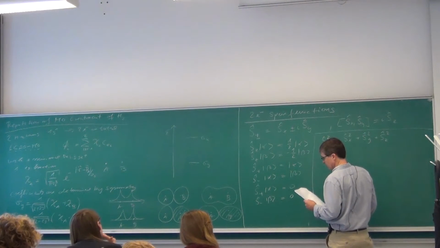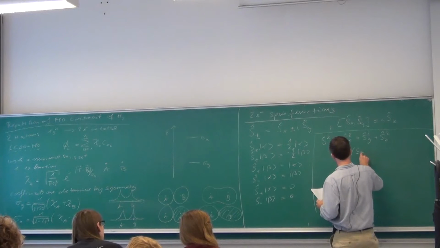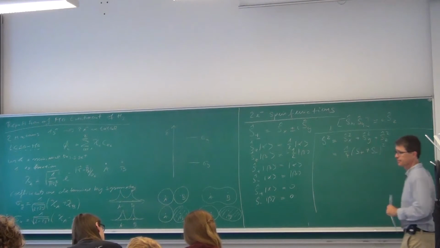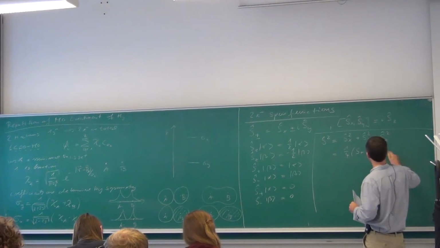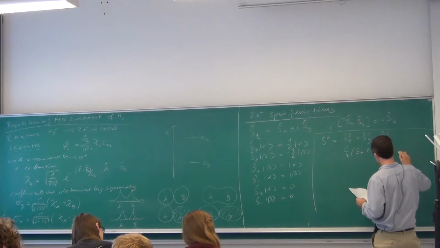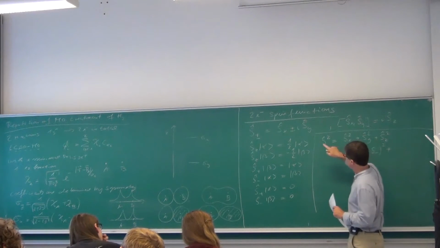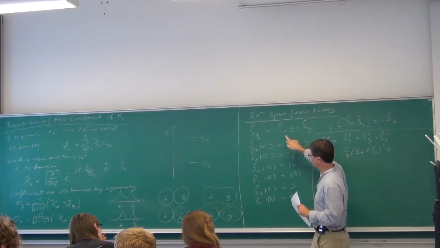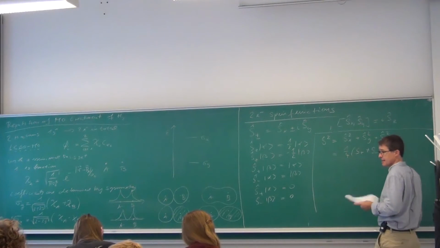That would then be, for example, 1/4 (S plus plus S minus) squared, because Sx is 1/2 (S plus plus S minus), plus Sy, which is 1/2 divided by i, (S plus minus S minus).